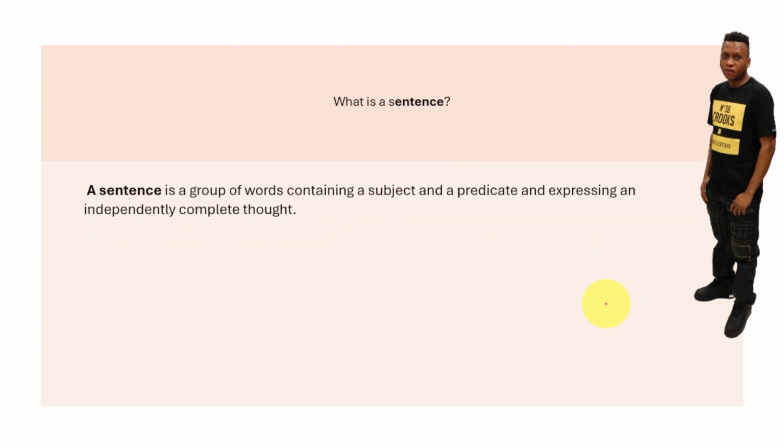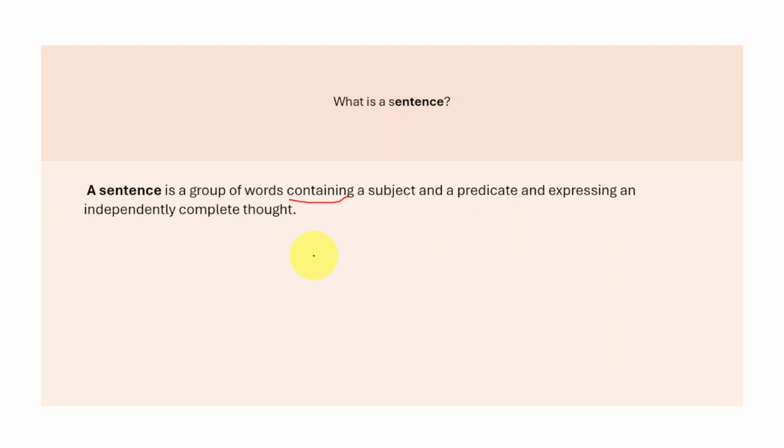Okay. Now, what is a sentence? In case you don't get it, a sentence is a group of words containing a verb. Don't get confused. It's a little bit different in this case, but it's like a has. In case English is not your first language, just think of a has, or have.